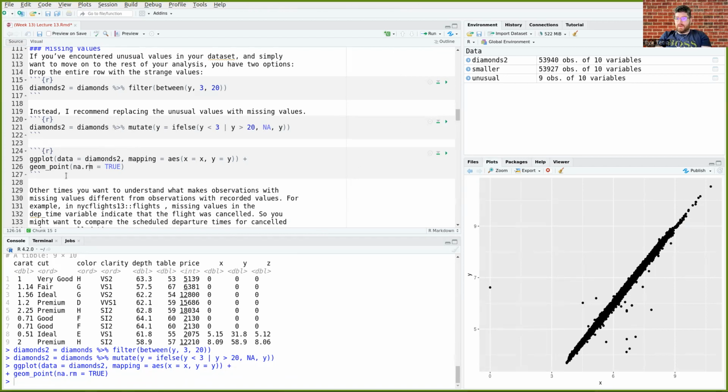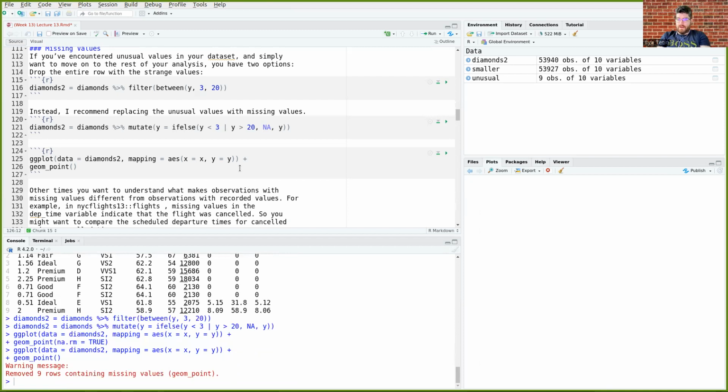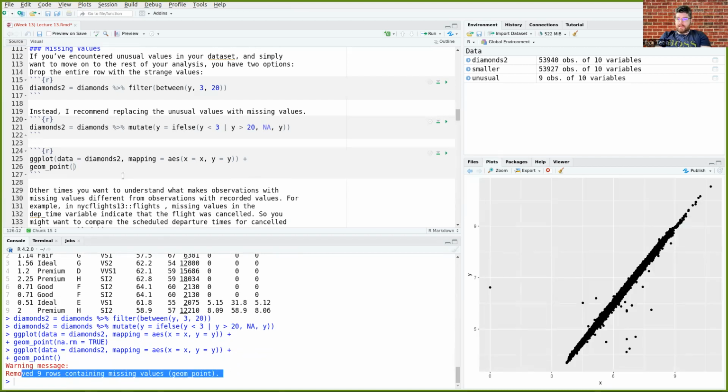Especially here, we have used this na.rm equals TRUE. We can leave this expression out, and we can see that there is the warning message: we removed 9 rows containing missing values. Okay, so data equals diamonds2, it contains 9 missing values.